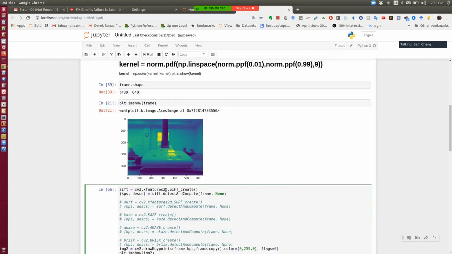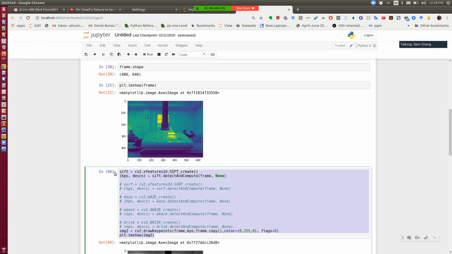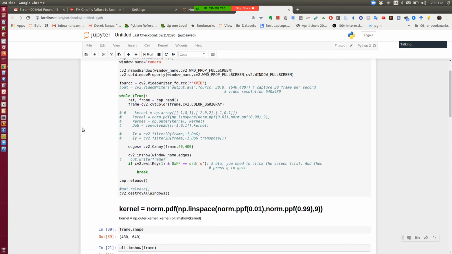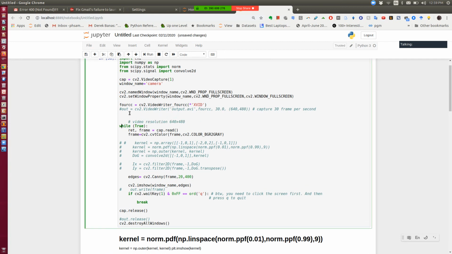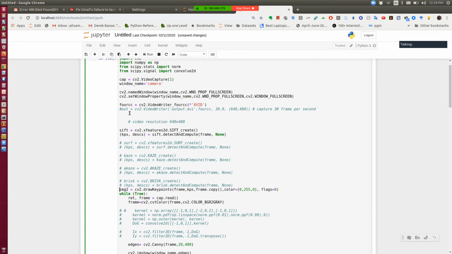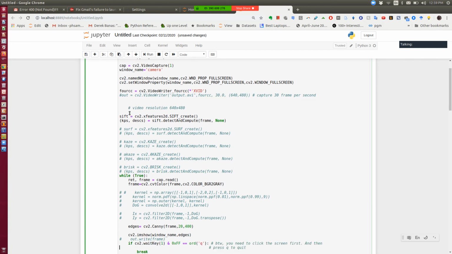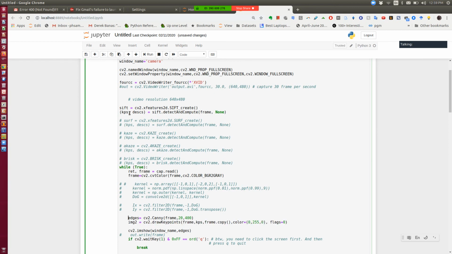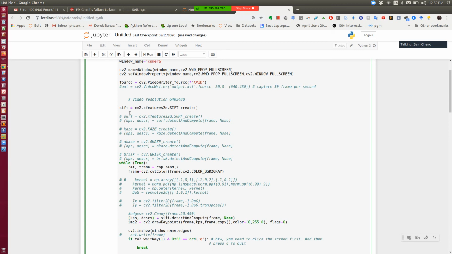I can copy here. If you remember, this one is doing SIFT detector, key points, descriptor on the frame. Let's show image 2 and see if it works.